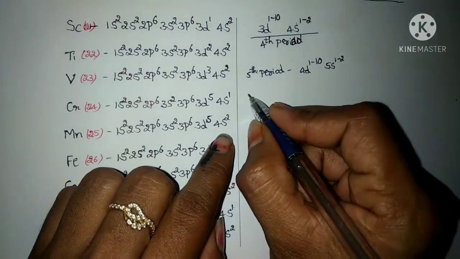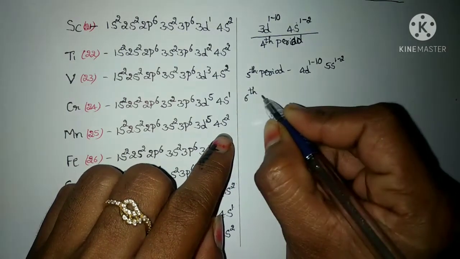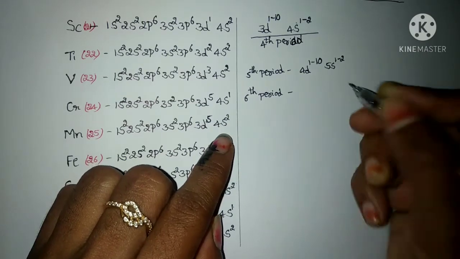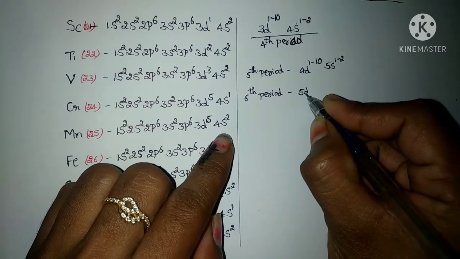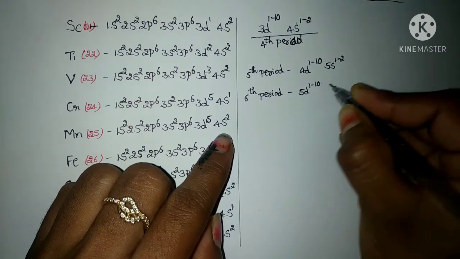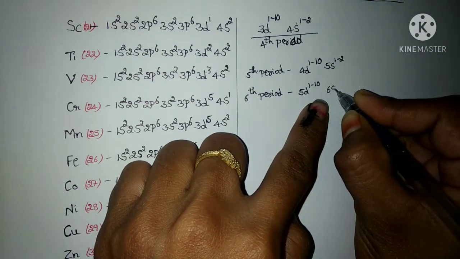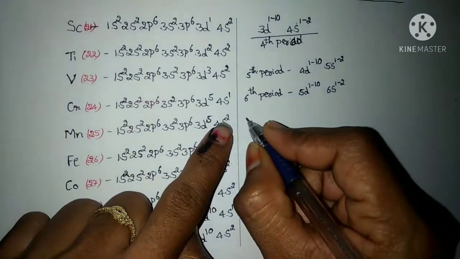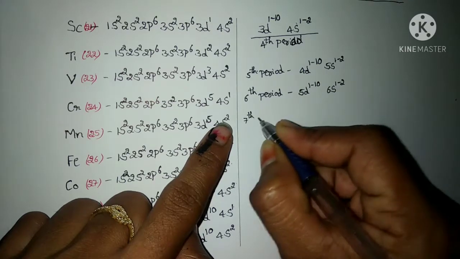Similarly for the sixth period, again one more number will increase: 5d 1 to 10, 6s 1 to 2.